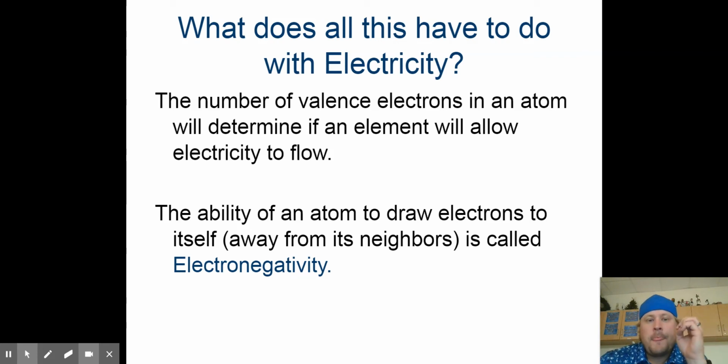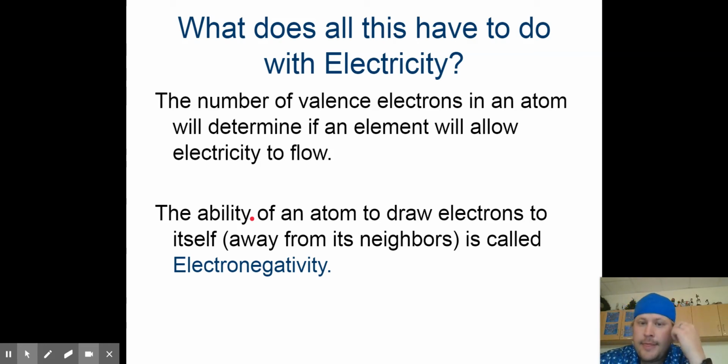So here we go. The number of valence electrons on the outermost level tells us whether or not it will allow electricity to flow. We're going to start talking about conductors, semiconductors, and insulators, things you've talked about for a long time, even from when you were little: things that allow electricity to flow through them easily or things that don't.